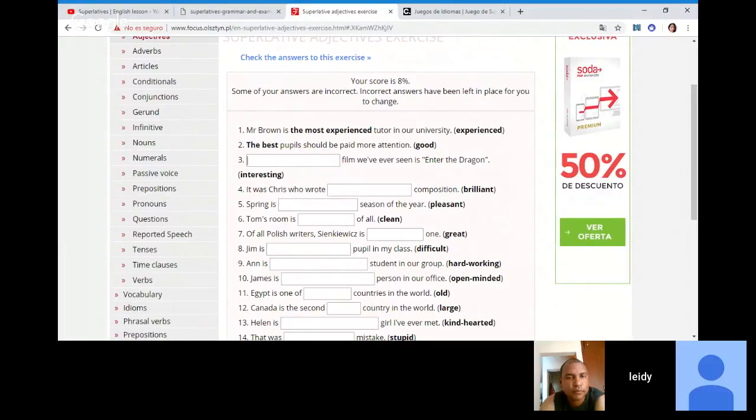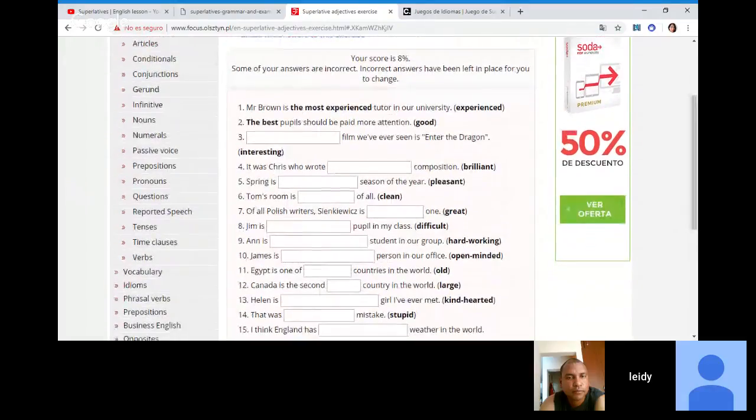Now, what is the answer about number 3, Catherine? The adjective is interesting, yes? What is the superlative? Remember that you are taking into account only superlatives. Now, what is your answer? It starts with the.